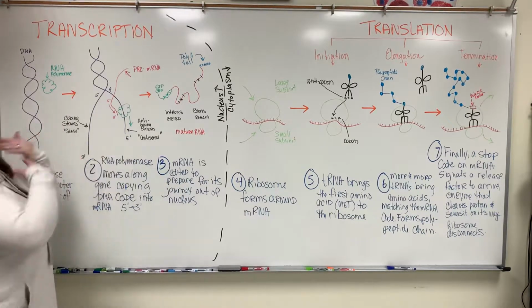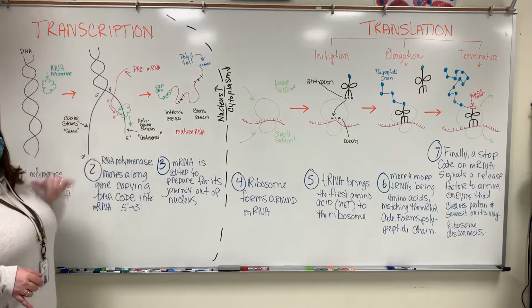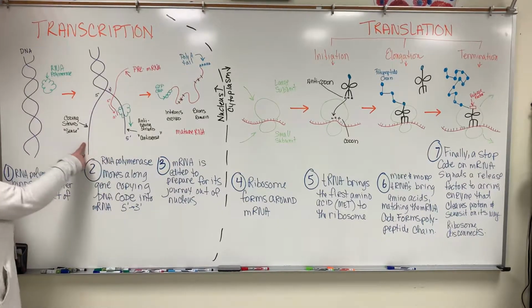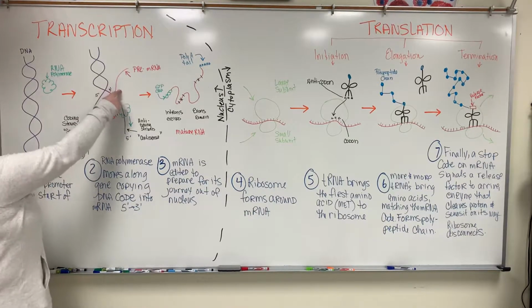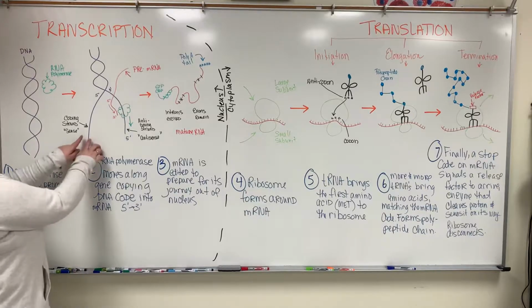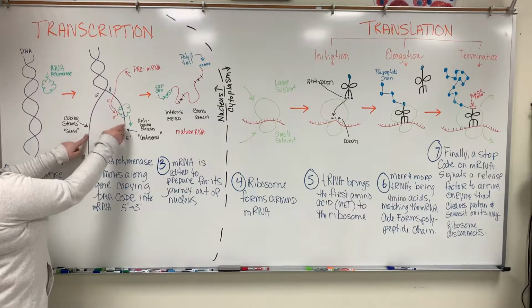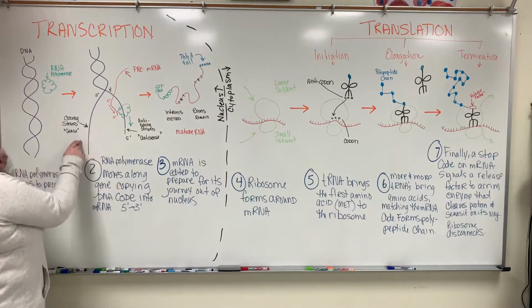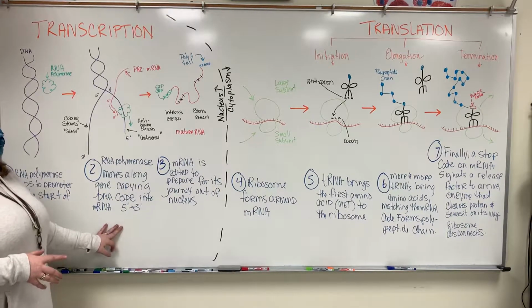It seems like it would be the other way around, but basically what's happening is that this mRNA that's being built matches this one. So that's why it's the coding strand, because this matches what is being built over here, right? Because this is going to be the opposite of this. So if we're building one that's the opposite of this, it's going to match this. Does that make sense? So you got to kind of wrap your head around that one.